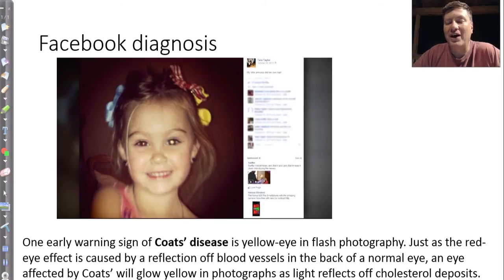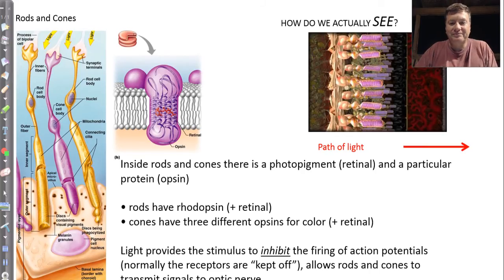When you have a yellow eye, that's because of extra cholesterol deposits in the eye, and that causes issues with eventually the retina. Eventually it causes the retina to not function anymore. This girl did lose vision in her left eye, but it really was a good thing that a nurse saw this, because she alerted the mom, and mom got treatment, and then the girl didn't lose vision in both eyes because it would progress. So it was a Facebook diagnosis of a potential blinding disease.